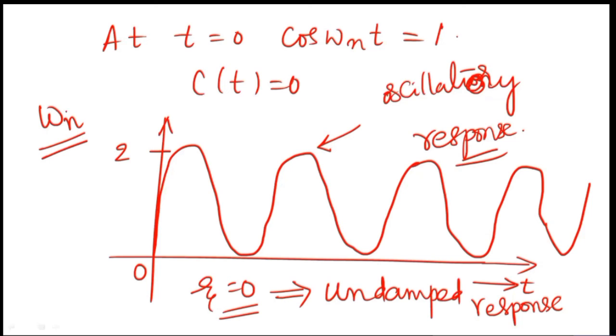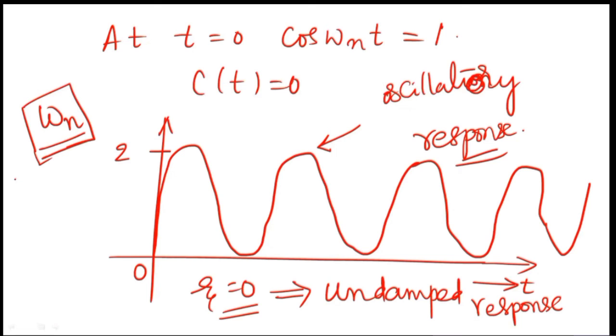So this omega n is known as the natural frequency of oscillation of the system, or undamped natural frequency. I think you understood the value of omega n. In the earlier video, I told you that omega n is known as the undamped natural frequency of the system. Why is it called that? Because omega n is the value with which the oscillations in the system will get produced when zeta is equal to 0.